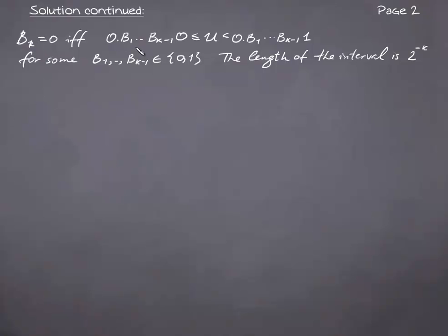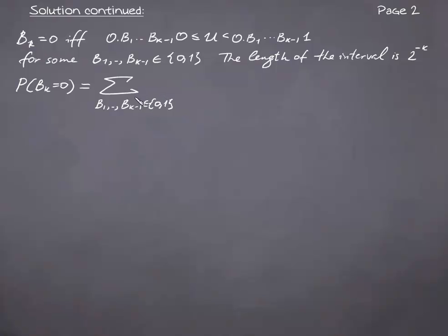For the first k minus 1 digits, there are 2 to the power k minus 1 choices. So the probability that bk is 0 equals a sum over all these possible choices.